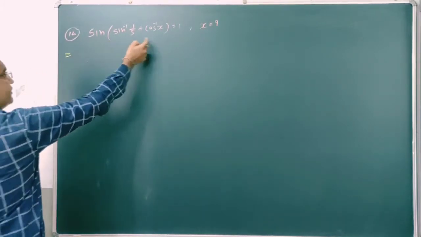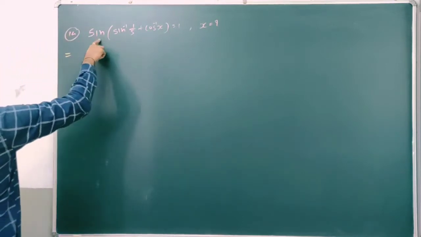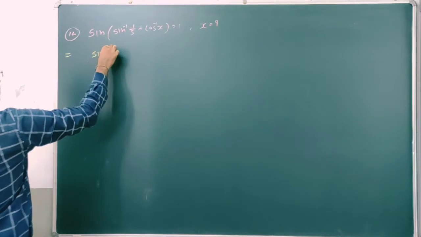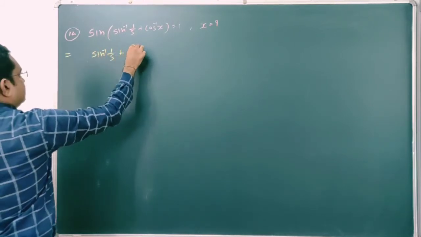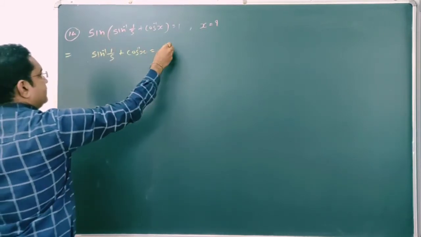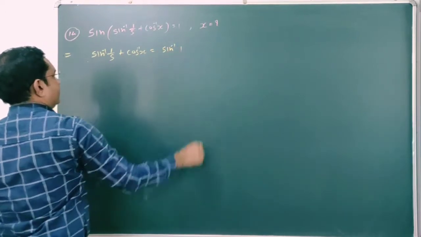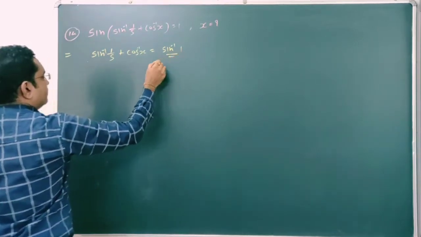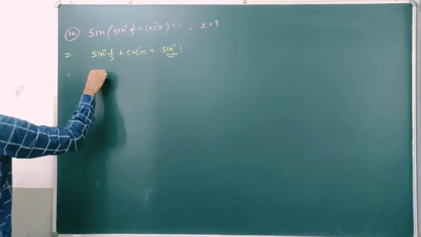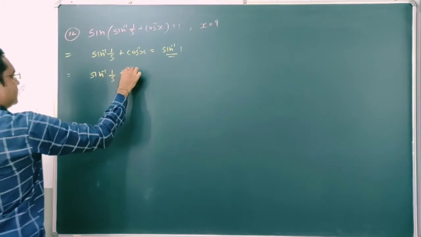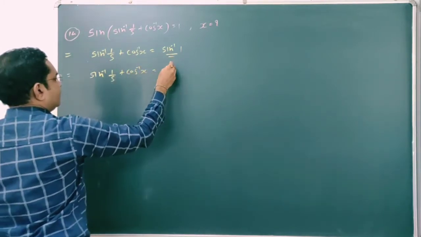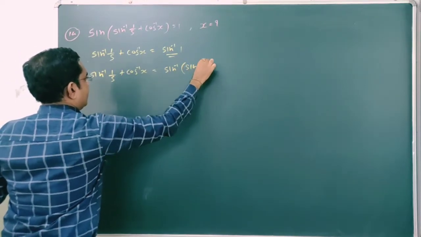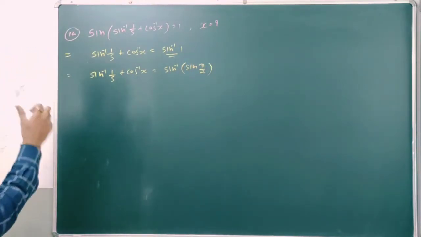So let's start with the given equation. Taking the sign to the right hand side, we can write sin inverse 1 by 5 plus cos inverse x equal to sin inverse 1. So what is the value of sin inverse 1? Sin inverse 1 is sin inverse sin pi by 2, since sin pi by 2 is 1, and that is nothing but pi by 2.